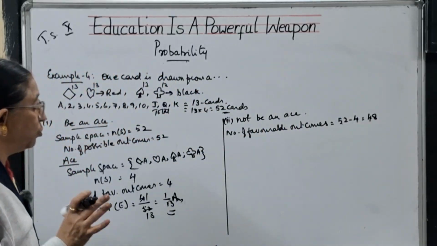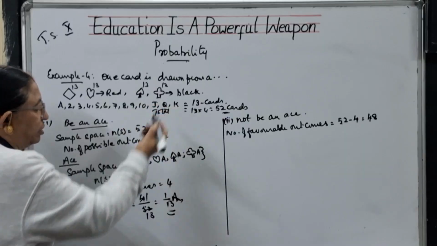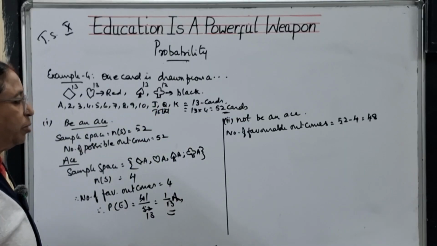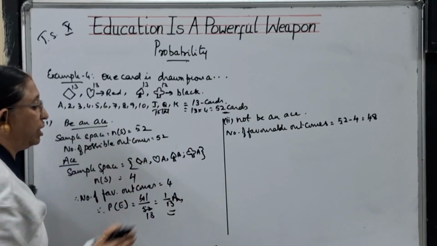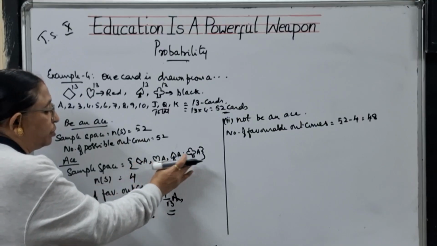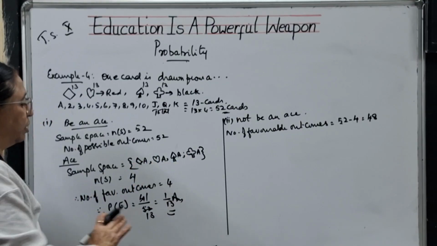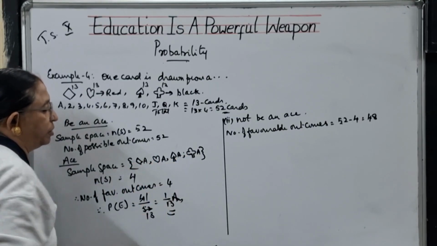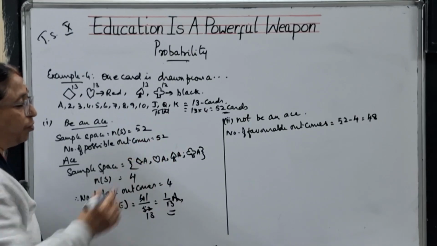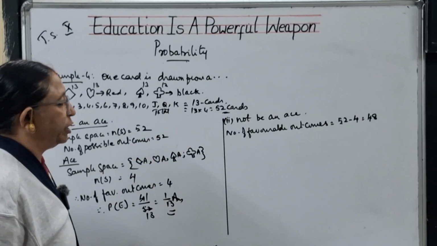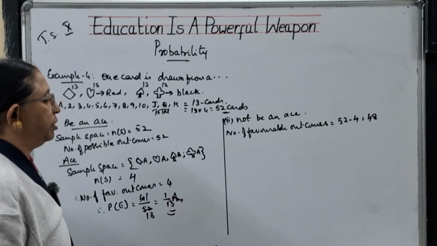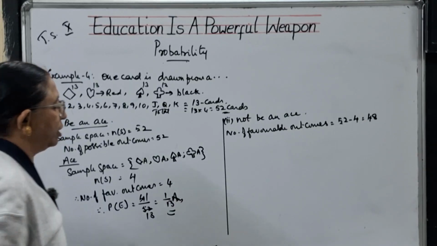The total of 52 cards are there, children. I have explained how the number 52 has come. In that, not being an ace means the aces should be removed. There are 4 possibilities of getting aces, so that 4 I have removed. So 52 minus 4 is 48. The number of favorable outcomes is 48.